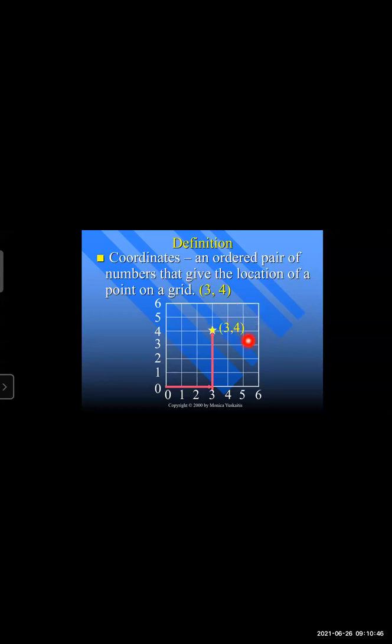That gives the location of a point on a grid. The x coordinate is 3 and the y coordinate is 4. This gives the location of this star. That is called coordinates. So here the coordinates are 3, 4. It is an ordered pair of numbers that gives the location of a point on a grid.